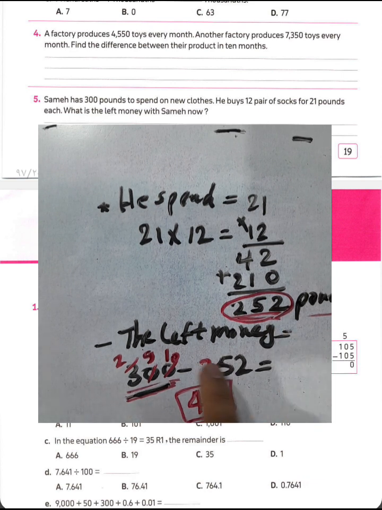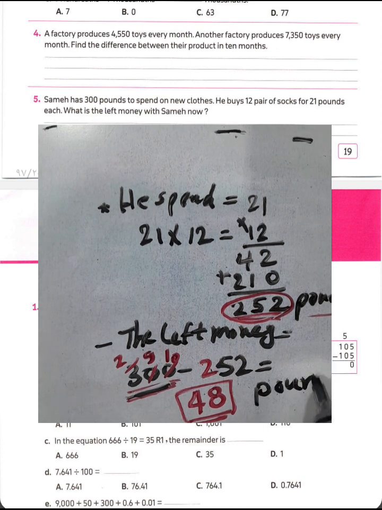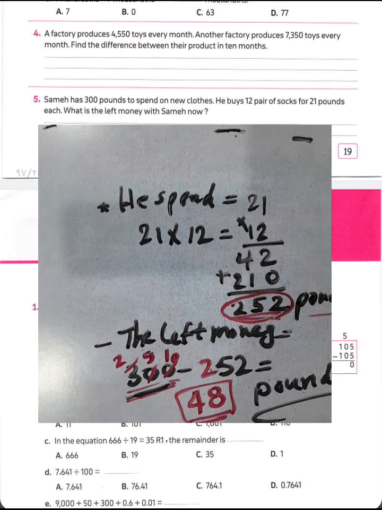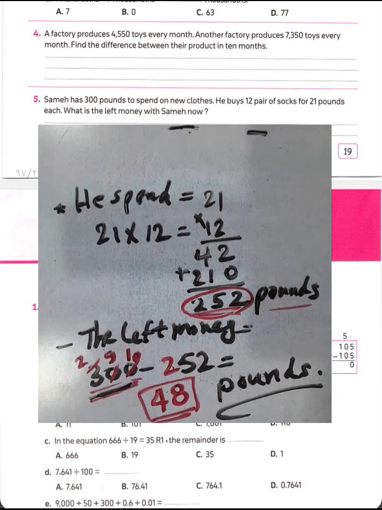Then the left with him will be 300 pounds minus 252 pounds, which is 48 pounds. Okay, the result will be 48 pounds.